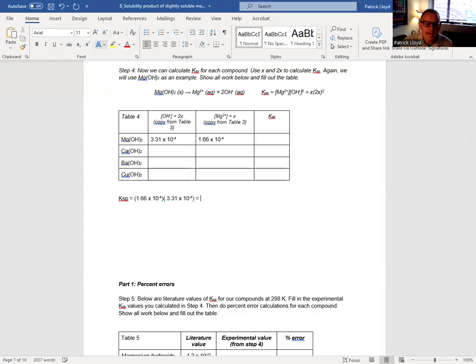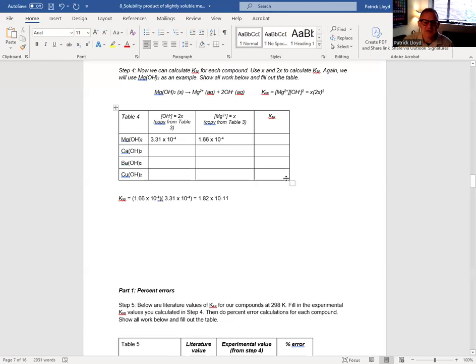Okay. And again, SP is subscript. There we go. And so what we end up with, I get about 1.82 times 10 to the minus 11. And that's unitless because it's an equilibrium constant. And there we go. So now we've got that value right there.